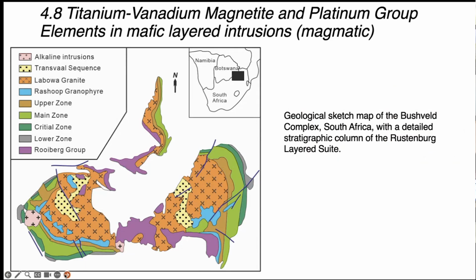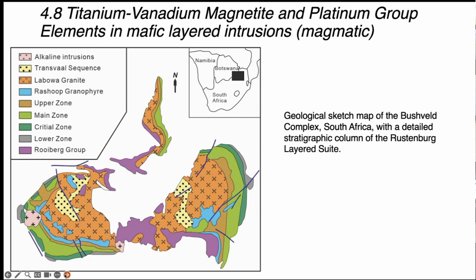All right. So then the book goes on to titanium, vanadium, magnetite, and platinum group elements in mafic layered intrusions. I guess it's in this section because titanium is definitely an abundant metal, but it lets us look at the Bushveld complex, which is a very important body in mineral deposits in general.